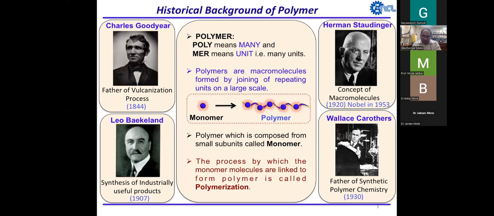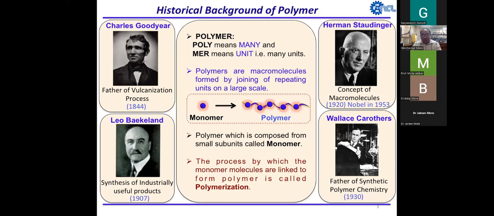Then in 1920, Hermann Staudinger introduced the concept of macromolecules, and for his macromolecular contributions he received the Nobel Prize in 1953. Then William Carruthers, the father of synthetic polymer chemistry, took the basic fundamental knowledge of polymer chemistry to industrial levels.